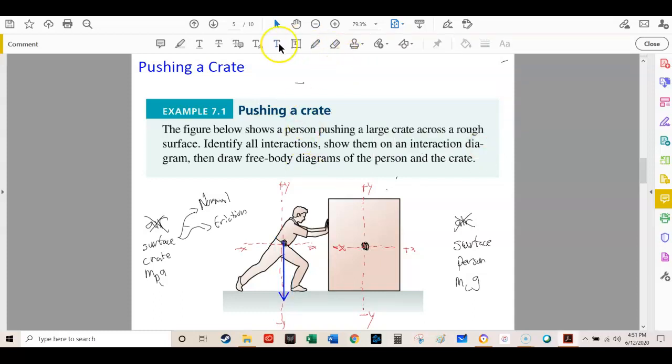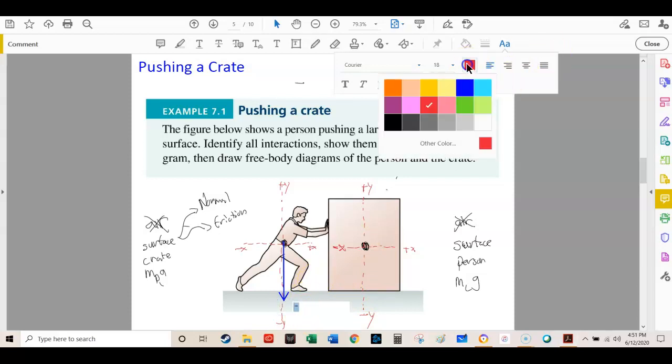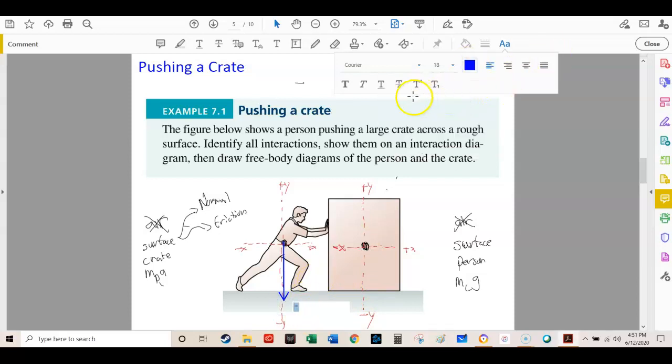And so now I'm going to label it. So this is mass of the person, is pointing down, so it's in the negative direction. And I should have it being blue. So it's negative down, and it's mass of the person. And I'm going to subscript it P times gravity.